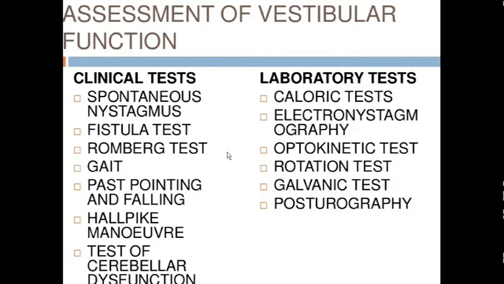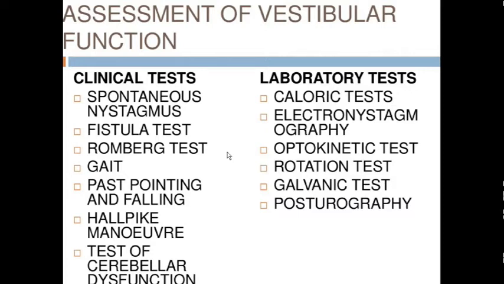What is the commonest presentation of a patient with dizziness? A patient with a peripheral vestibular system lesion will usually present with a sense of giddiness in his head, or you can say vertigo.